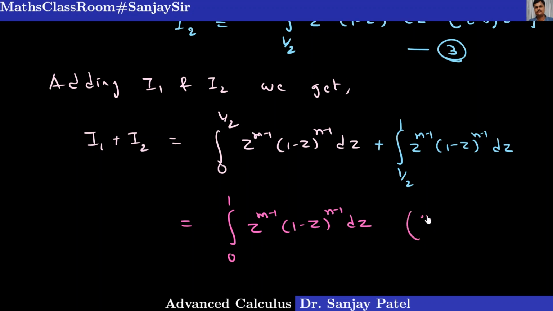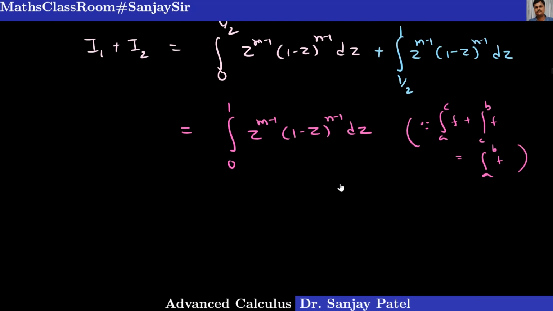Just remember that I'm using integral a to c f(x) plus integral c to b f(x) dx is equal to integral a to b f(x) dx. And what is this? This is nothing but the beta function. This is equal to beta of m comma n, and that proves our required result.